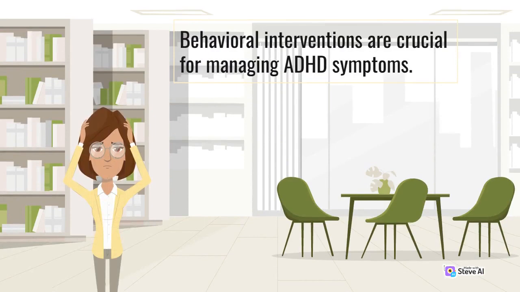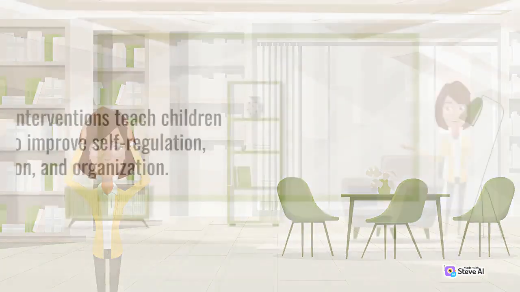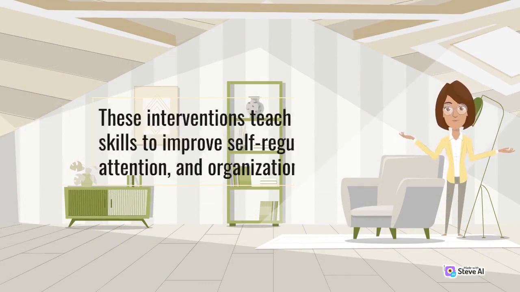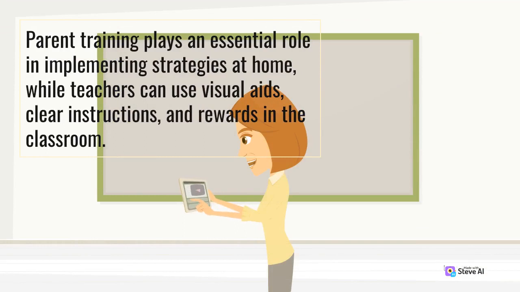Behavioral interventions are crucial for managing ADHD symptoms. These interventions teach children skills to improve self-regulation, attention, and organization. Parent training plays an essential role in implementing strategies at home, while teachers can use visual aids, clear instructions, and rewards in the classroom.